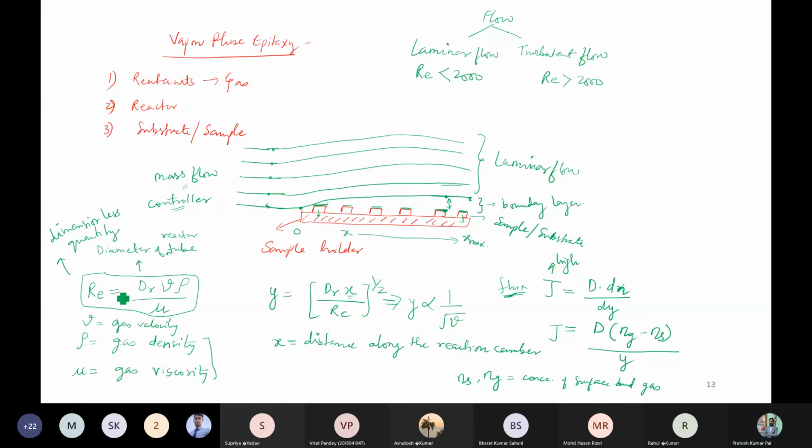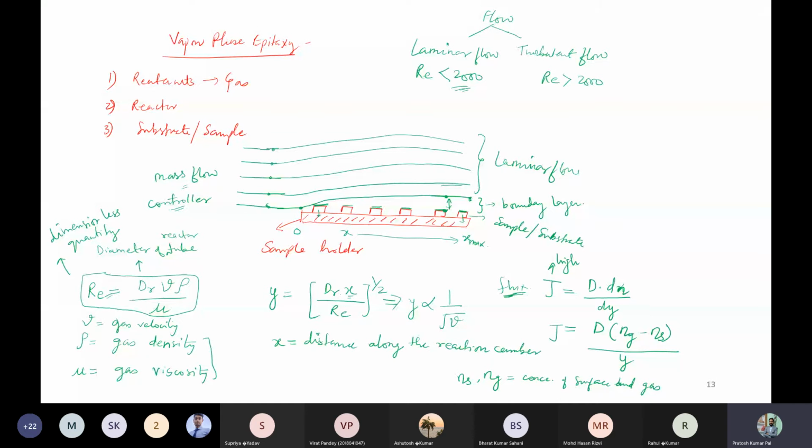So as the velocity is increased, y will be reduced, which is our requirement, but v should be increased only such that our Reynolds number stays within the limit. So this is how the internal physics, or the chemical reaction kinetics of vapor phase deposition, vapor phase epitaxy, is going through.